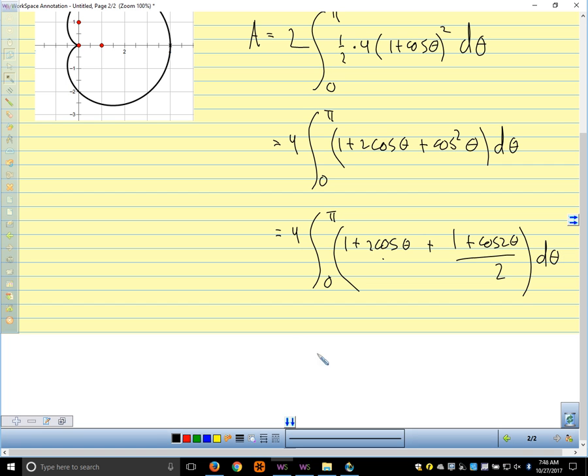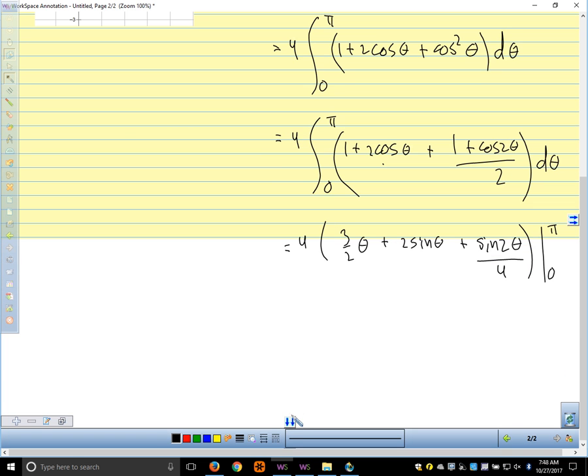When I evaluate this, I get 4 times 3/2 theta, because I get a 1 theta here and a 1/2 theta here, plus 2 sine theta plus sine 2 theta over 4, and we're evaluating that from 0 to pi. So I took the 1/2 and the 1 here and put them together.